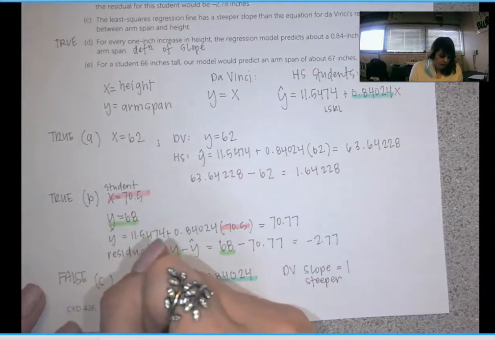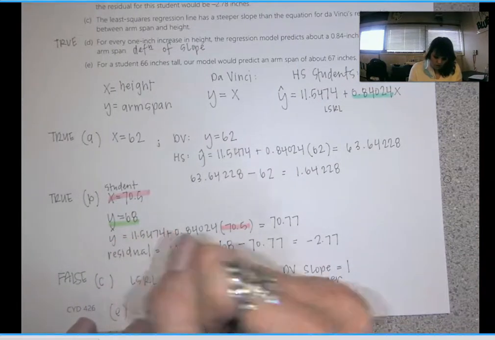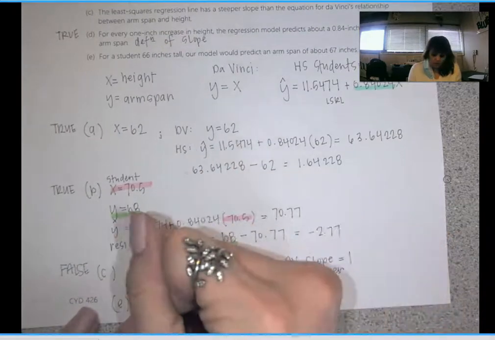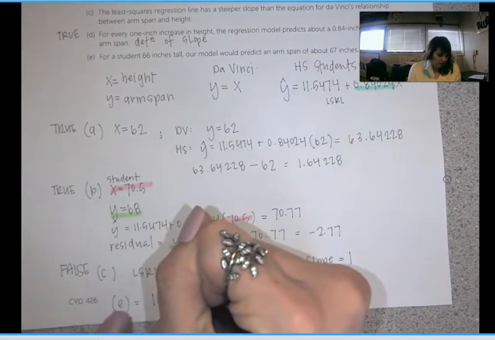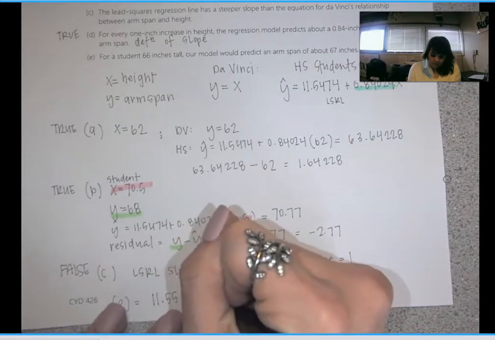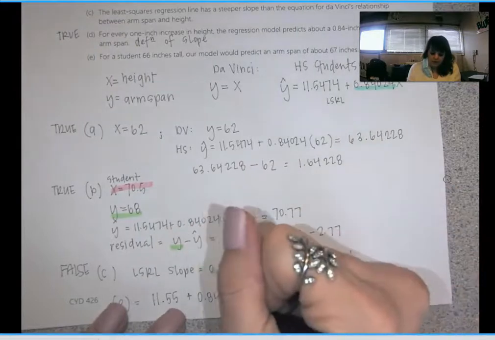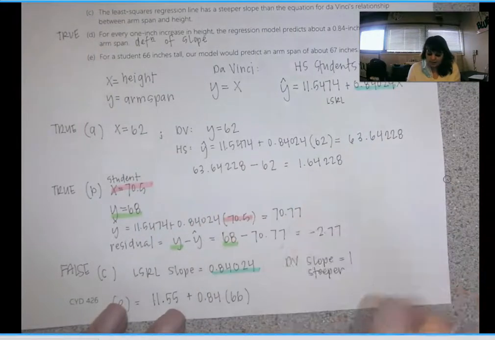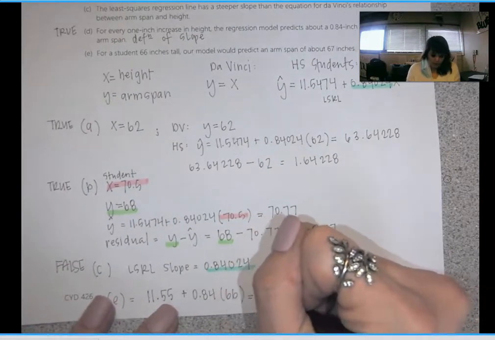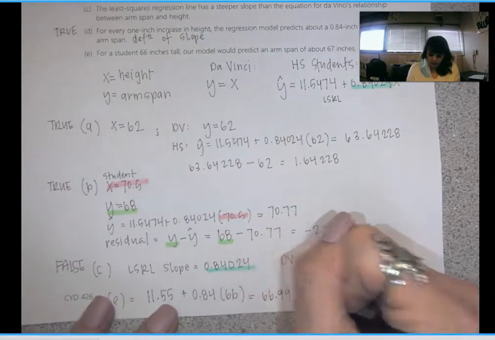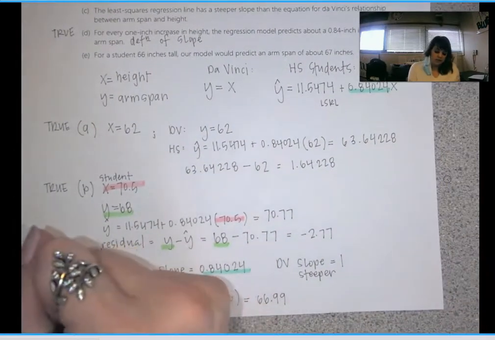It's 1.155 plus 0.84, and you are plugging in 66. This would give you 66.99, which is approximately 67.